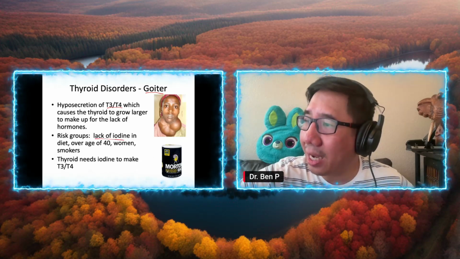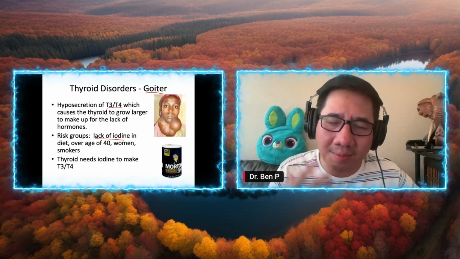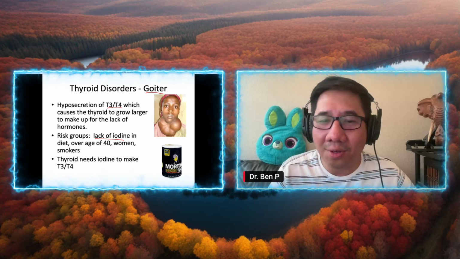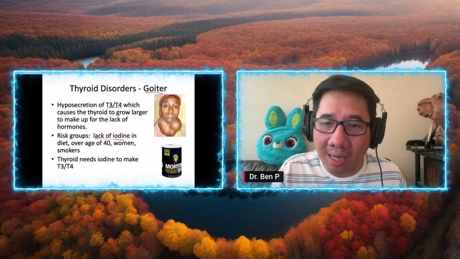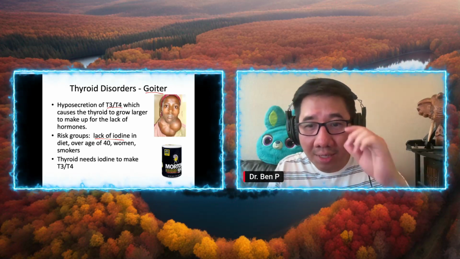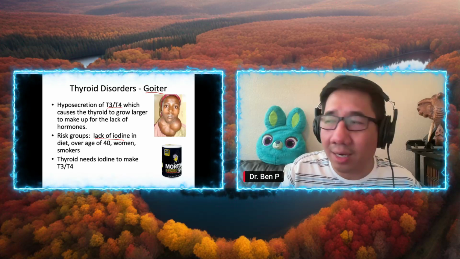But we put iodine in our salt, and we have salt in just about everything. Every food that you eat has salt in it. Therefore, you have iodine everywhere, so you won't get goiter even if you have hypothyroidism or hyperthyroidism. Even though you have a thyroid condition, you may not see goiter at all.